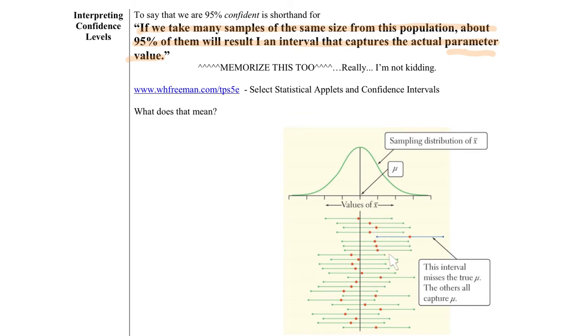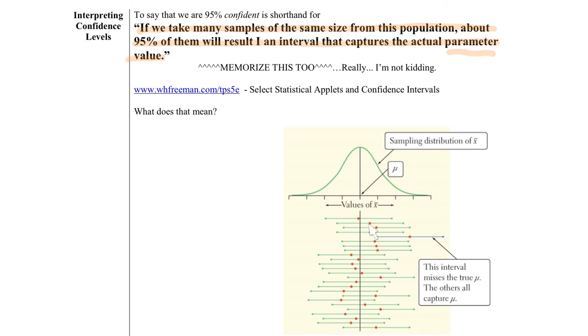So what I'm saying is I do a sample, and that's what this is representing. I take a sample from my population, and the x bar, the mean of that sample, fell here. Well, my margin of error allows this much difference from the true mean.